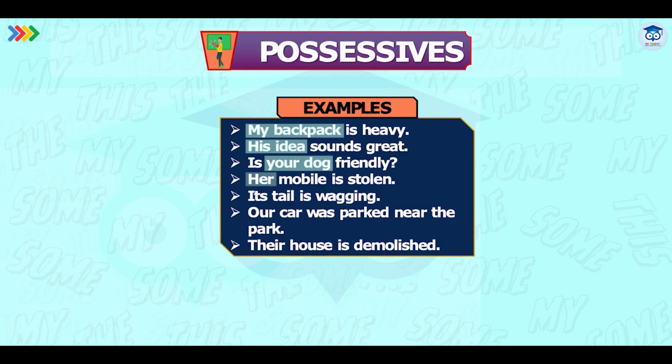And in "Her mobile is stolen," her refers to the owner of the phone. In animal references, we often use its, like in, "Its tail is wagging." For shared ownership, "Our car was parked near the park" tells us that the car belongs to the speaker and others. And finally, "Their house is demolished" uses their to show that the house belongs to them. All of these possessive determiners appear before the noun to make the ownership clear.